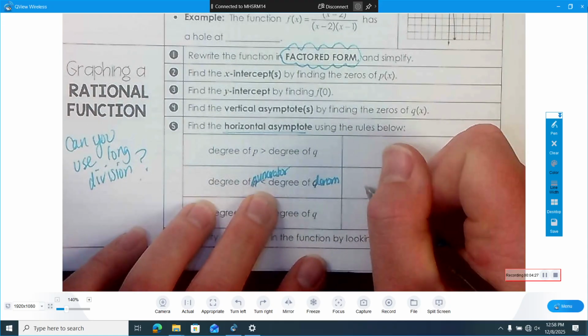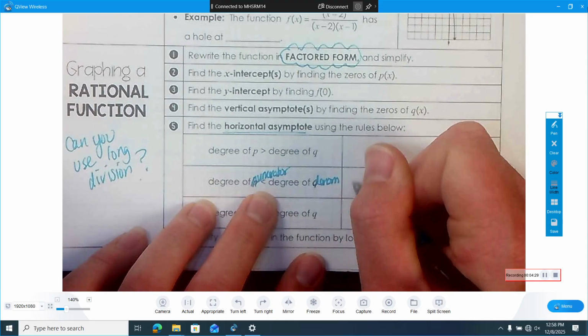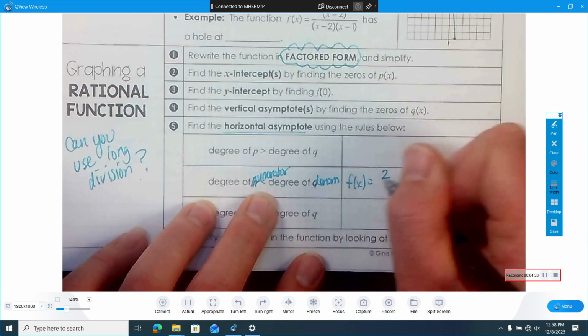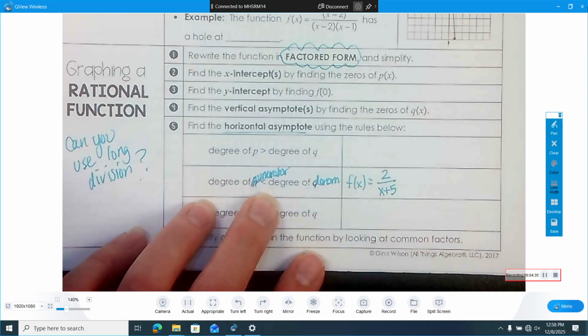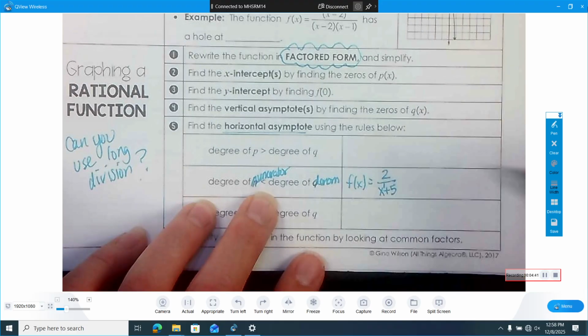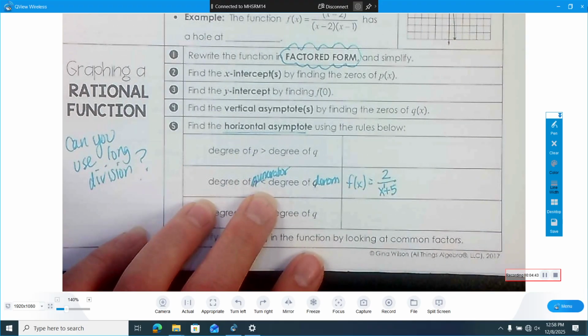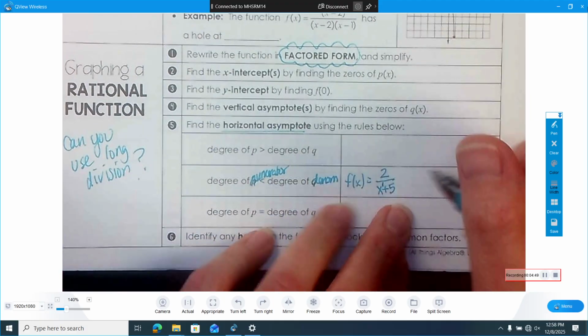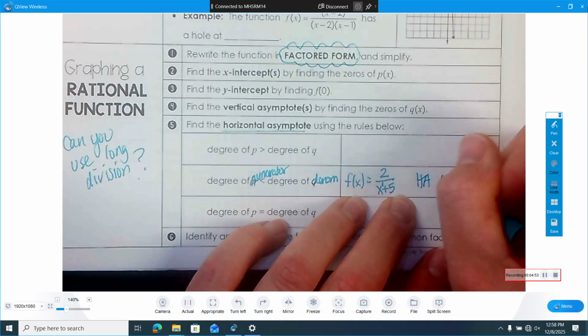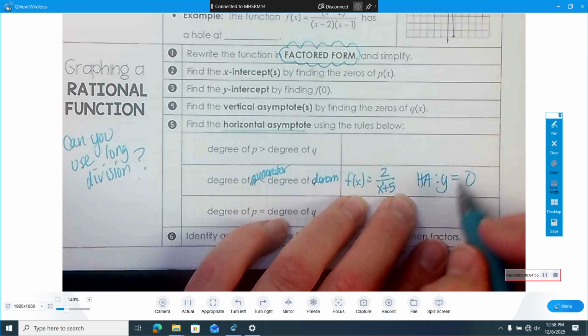That's something like, hey, maybe we've got f of x equals 2 over x plus 5, okay? The degree of the numerator is less than the degree of the denominator. The denominator is a degree of 1. Anytime the degree of the numerator is less than the degree of the denominator, we get a horizontal asymptote of y equals 0 all the time.